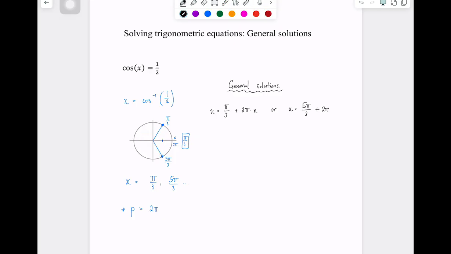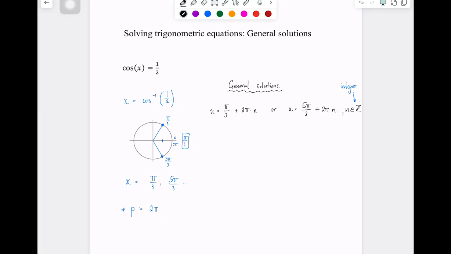And if we want to go in the negative direction, we add on negative 2 pi, or subtract 2 pi. So this n here is an integer. When we introduce the n, we need to define what it is. We say that it is an element of Z. Z here refers to the integers, which are positive or negative whole numbers, or 0.